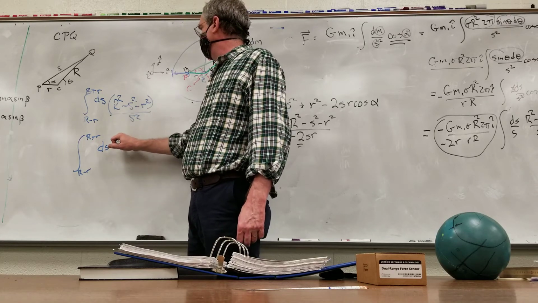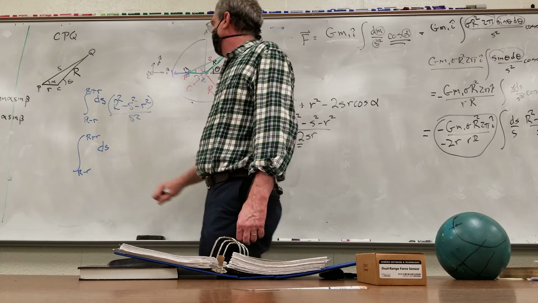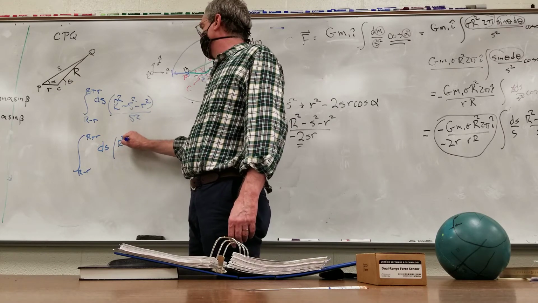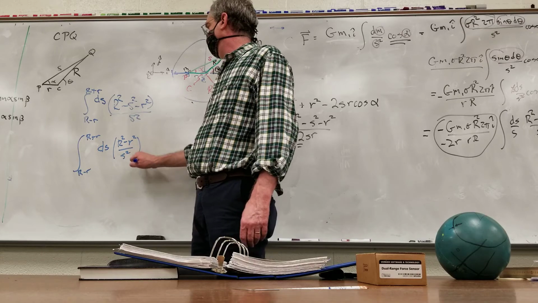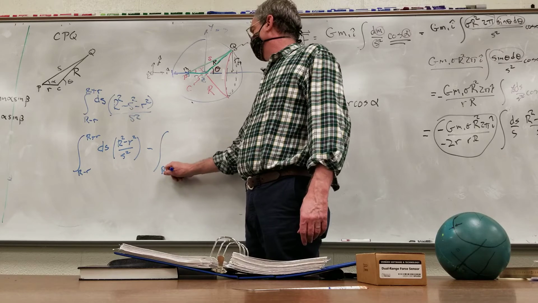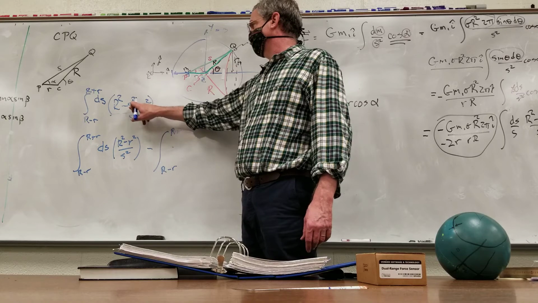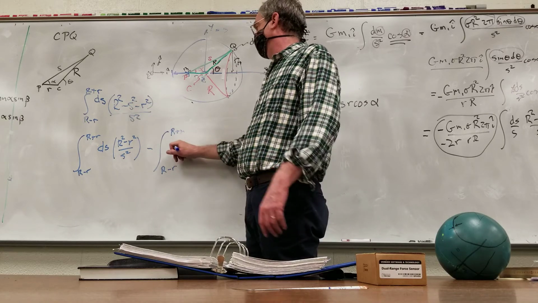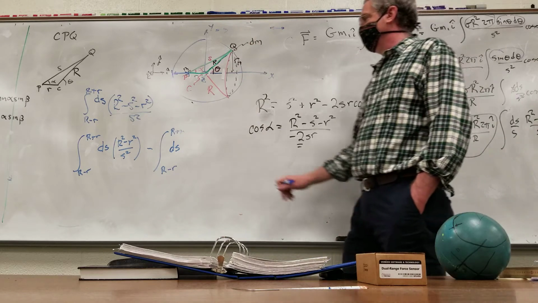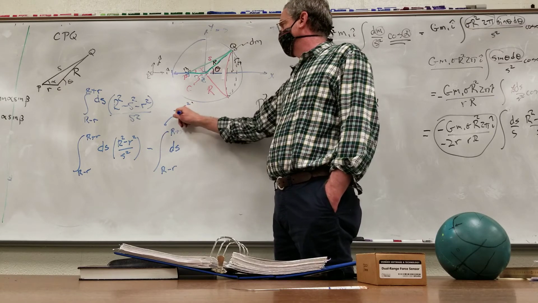I'm going to break this up into big R squared minus little r squared over s squared, minus the integral from big R minus r to big R plus r of ds of s squared over s squared, which is 1 ds.